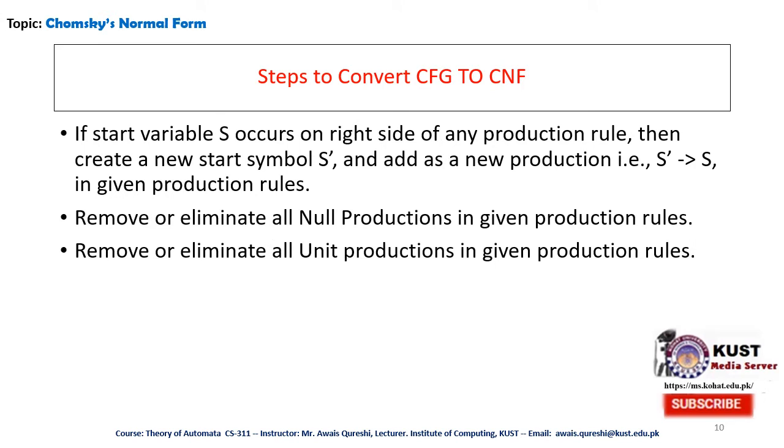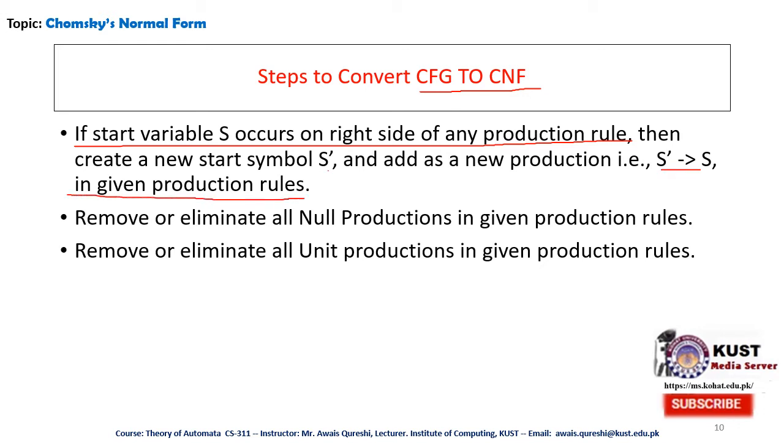What are the steps that need to be taken to convert a context-free grammar to Chomsky's normal form? The first rule says that if the start variable S occurs on the right hand side of any production rule, then create a new start symbol S' and add a new production rule such that S' implies S in the given production rules.